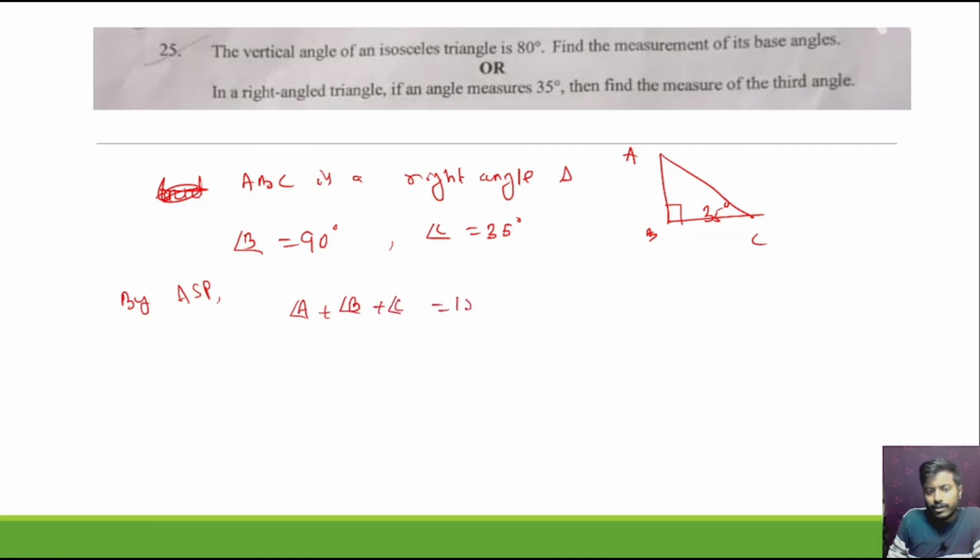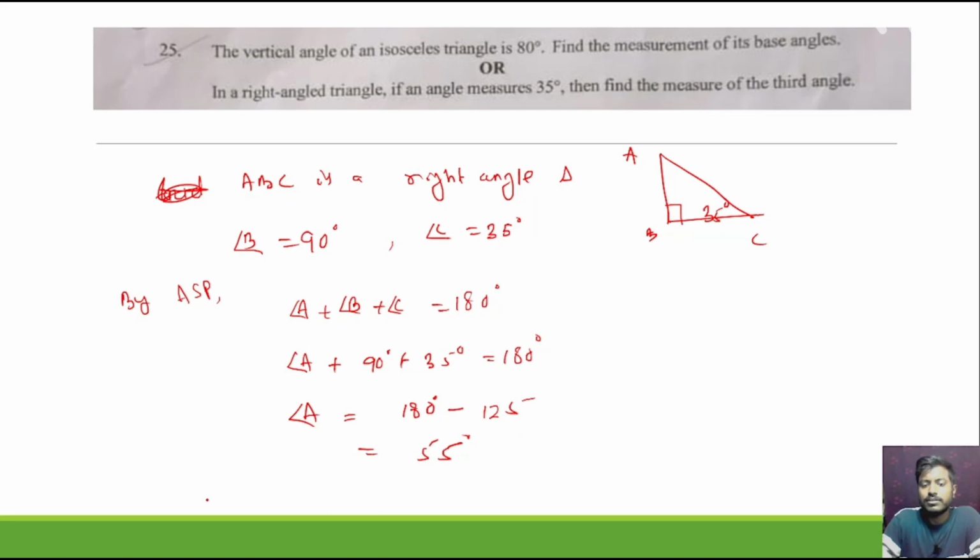Now put the values: A plus 90 plus 35 is equal to 180 degrees. Now A equals 180 degrees minus 125 degrees, that is 55 degrees. Okay. So the third angle of the right angle triangle is 55 degrees.